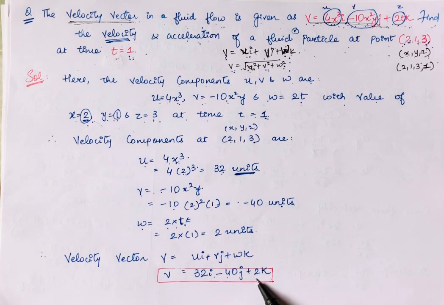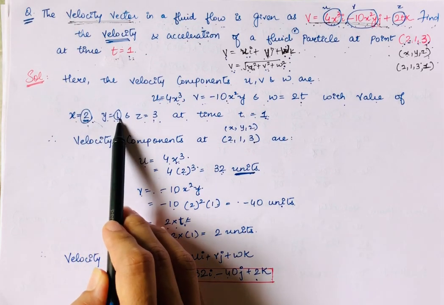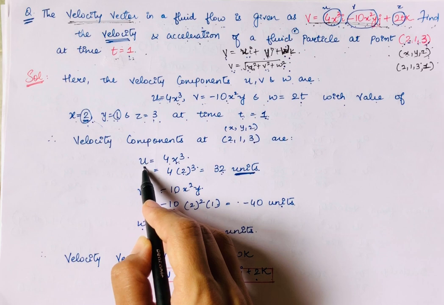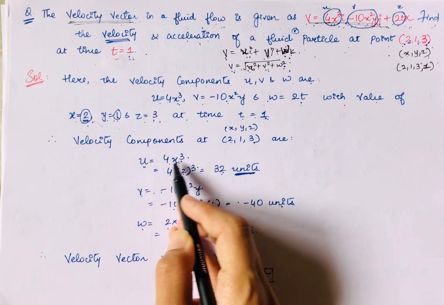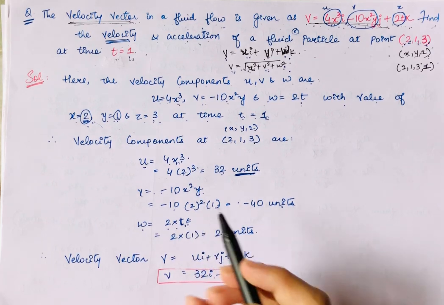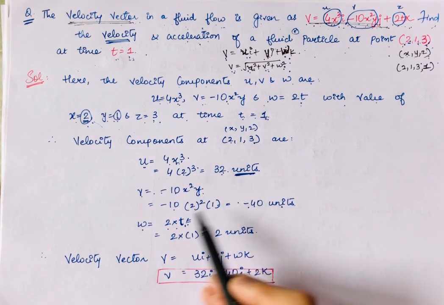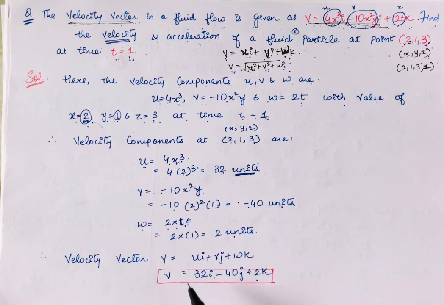Okay, so after substituting the values of space coordinates x, y and t in the velocity component equations 4x³, −10x²y and 2t, we will get u = 32, v = −40, w = 2, and writing it in the vector form we get 32i − 40j + 2k. So this is the vector form.